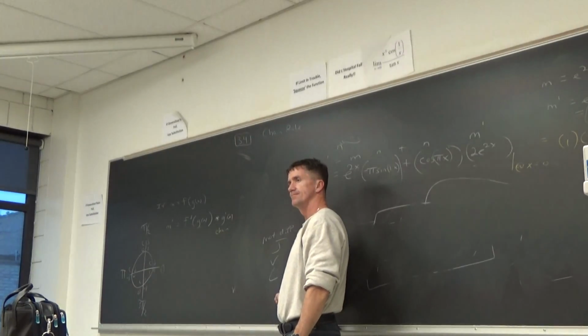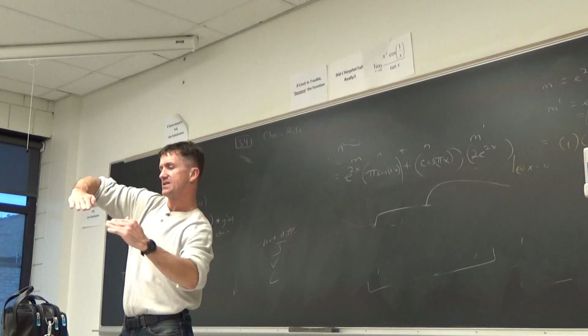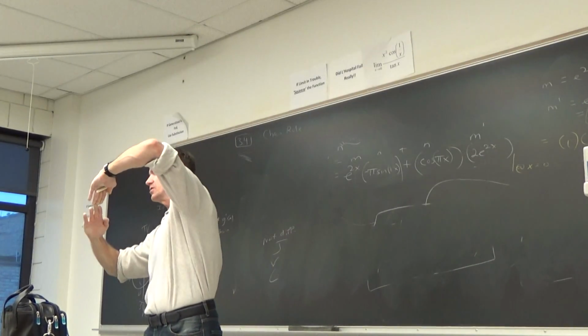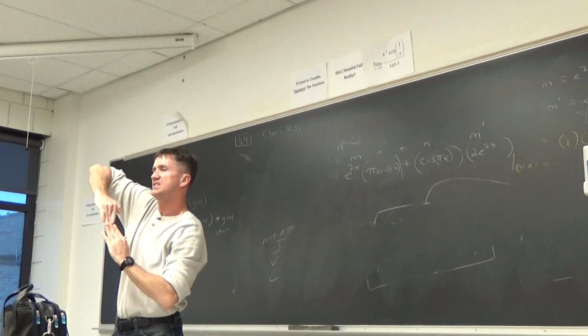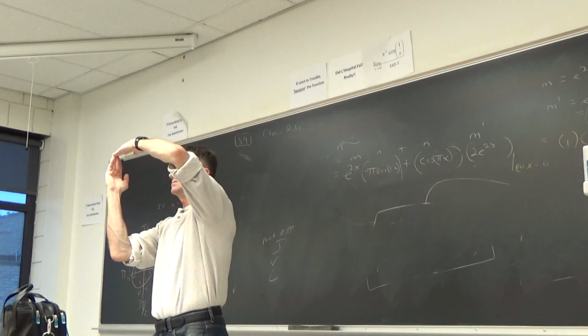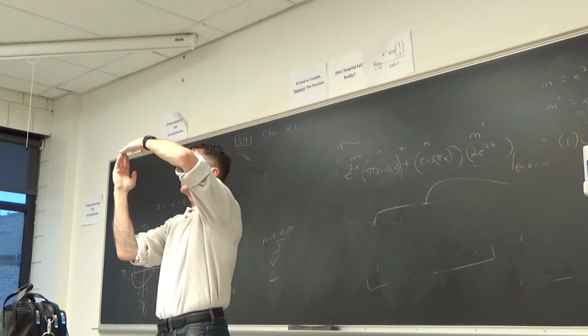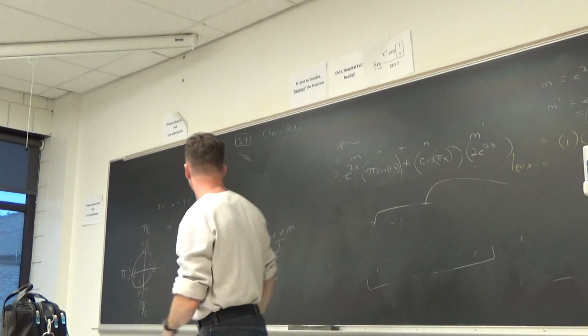It's got to be nice and smooth. Slope from the left must match the slope from the right, true? For something to be differentiable, and differentiable means has a derivative existing at that point, true? You can't have the roller coaster go like that. No, everyone's going to die. It's got to be nice and smooth. That slope from the left is going to match the slope from the right.